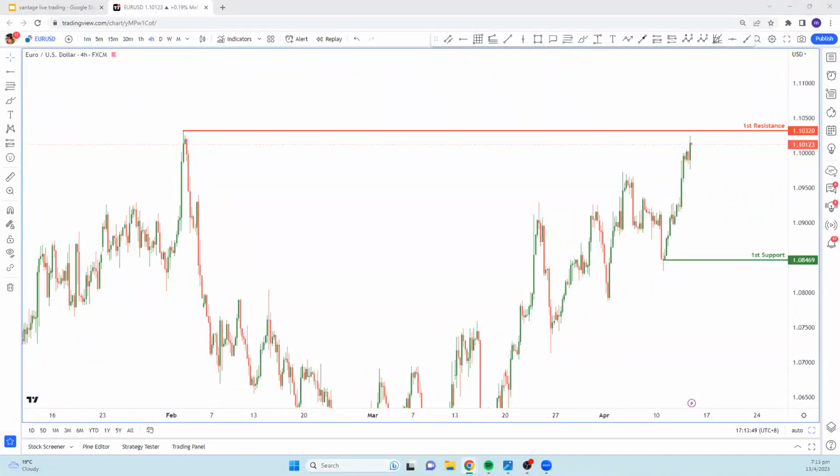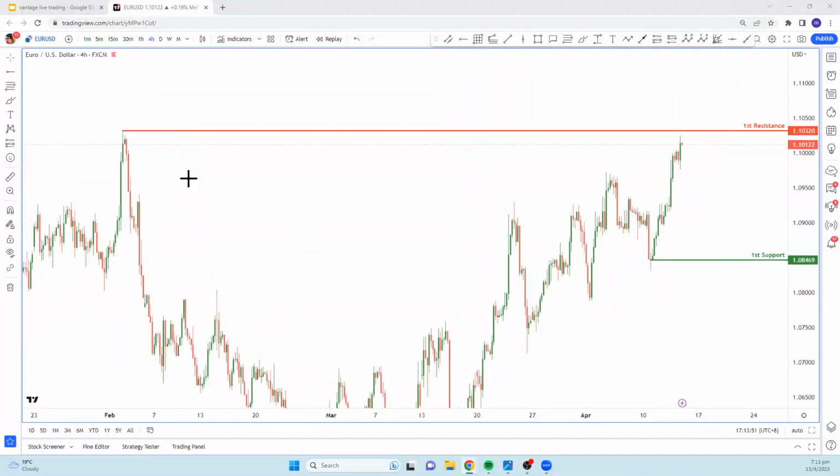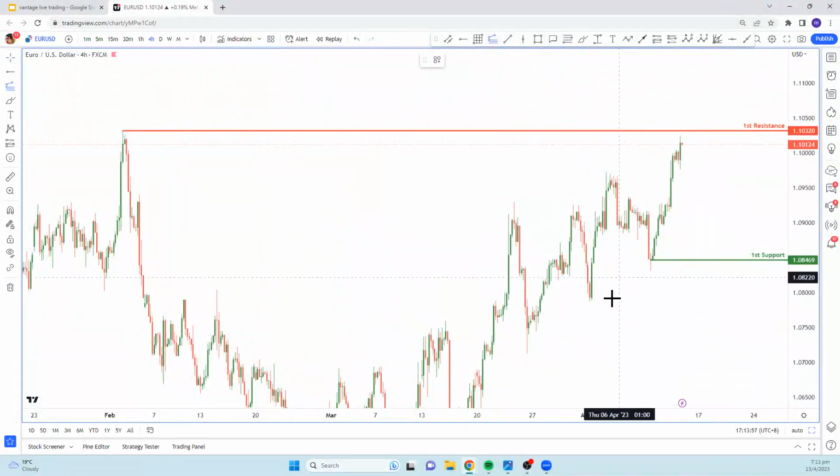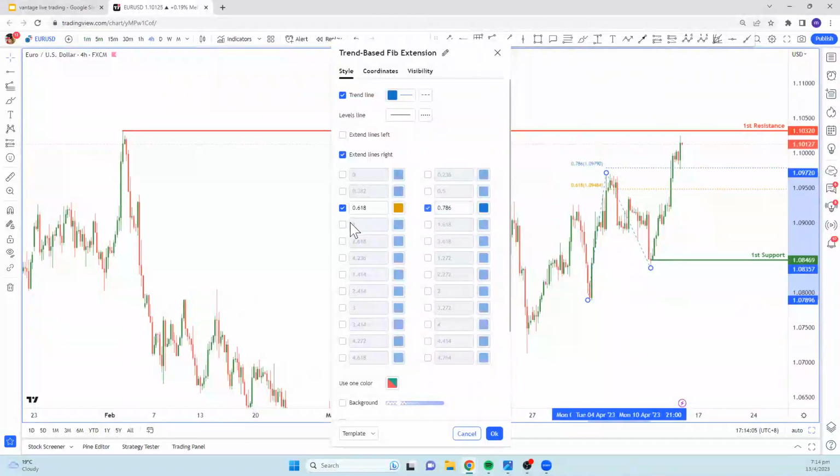Now let's pull out a couple of Fibonacci levels. I'm going to first pull out a Fibonacci projection over here. For Fibonacci projection, we like to use these three levels: 61.8, 78.6, and 100%.